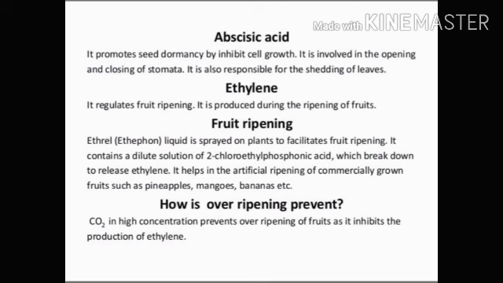It contains a dilute solution of 2-chloroethyl phosphonic acid, which breaks down to release ethylene, and that ethylene helps in the artificial ripening of commercially grown fruits such as pineapples, mango, banana, etc. And how is over-ripening prevented? Carbon dioxide in higher concentration prevents over-ripening of the fruit as it inhibits the production of ethylene.